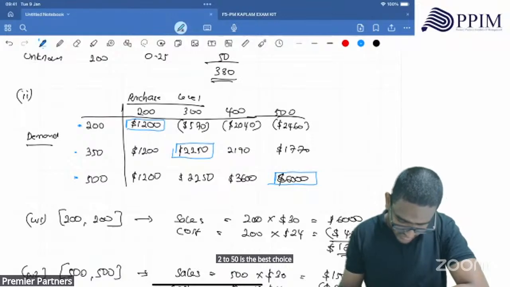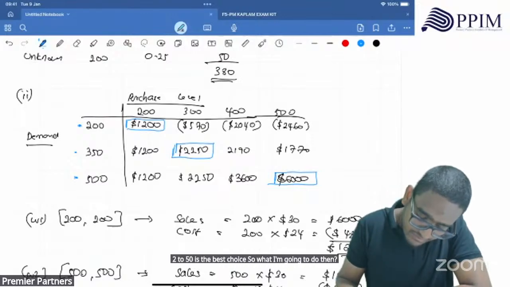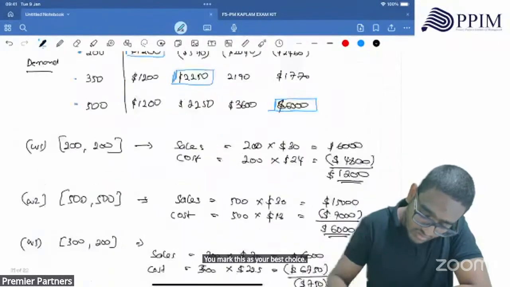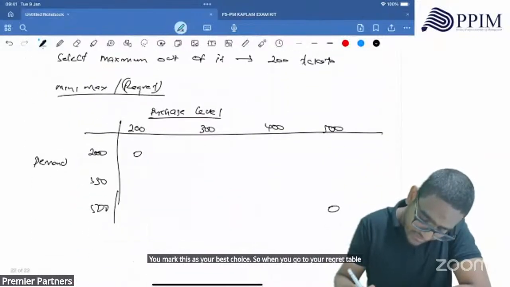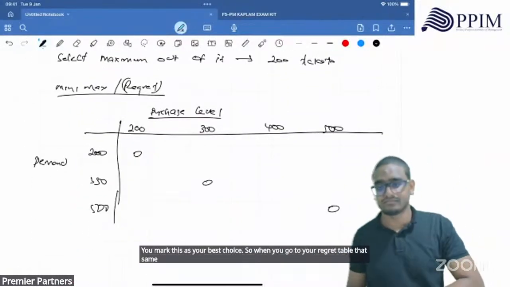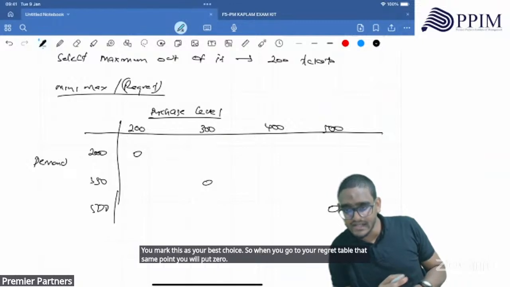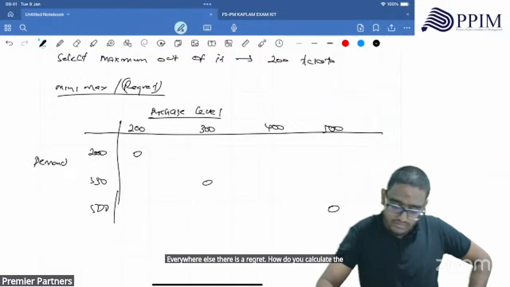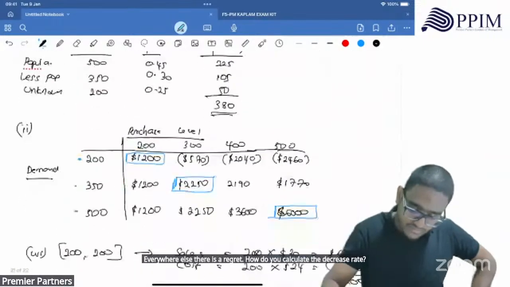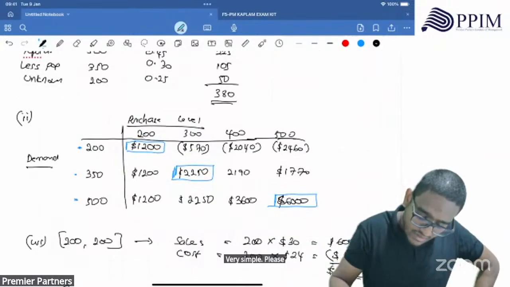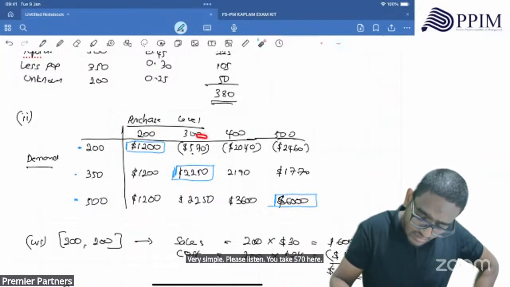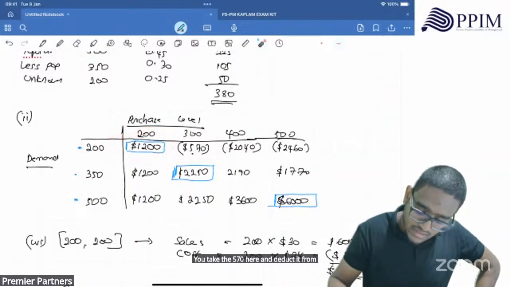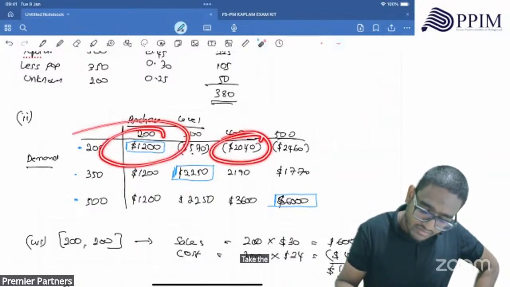So what are you going to do then? You mark this as your best choice. So when you go to your regret table, that same point you will put 0. Everywhere else, there is a regret. How do you calculate the regret? Very simple. Please listen. You take the 570 here and deduct it from your best option. Take the 2040, deduct it from the best option.